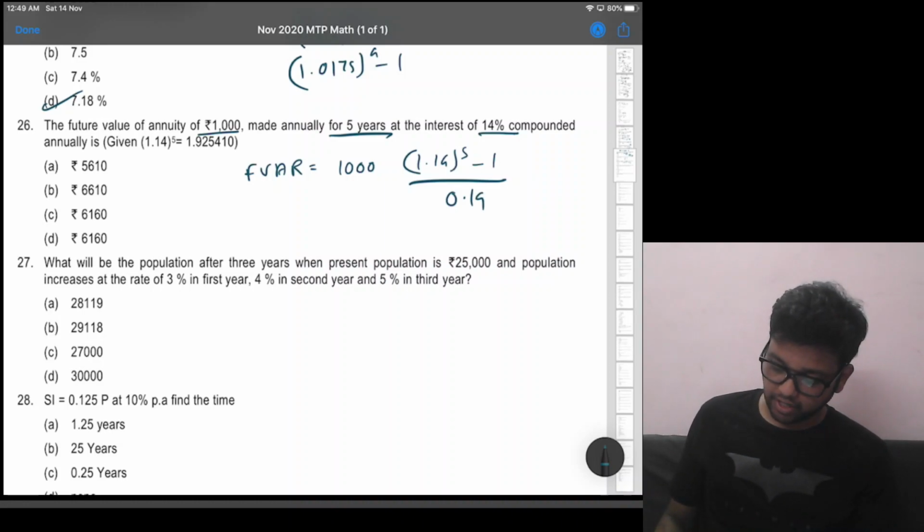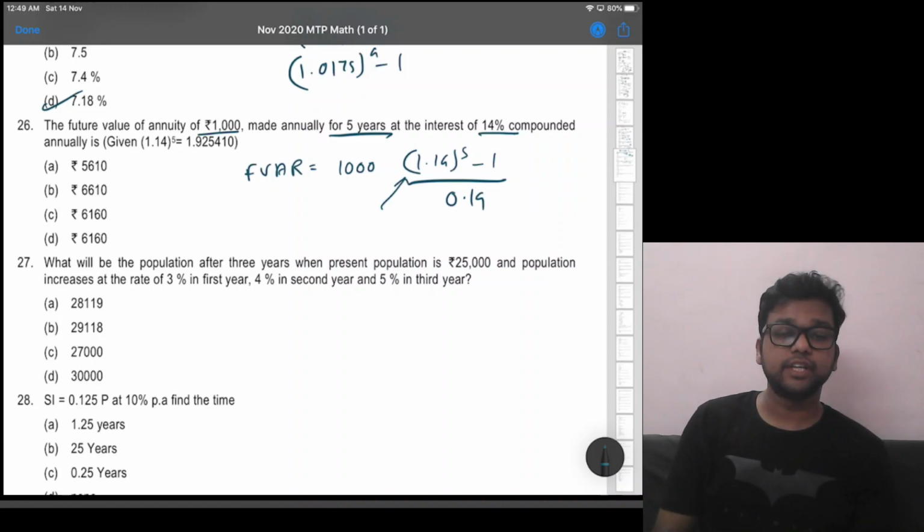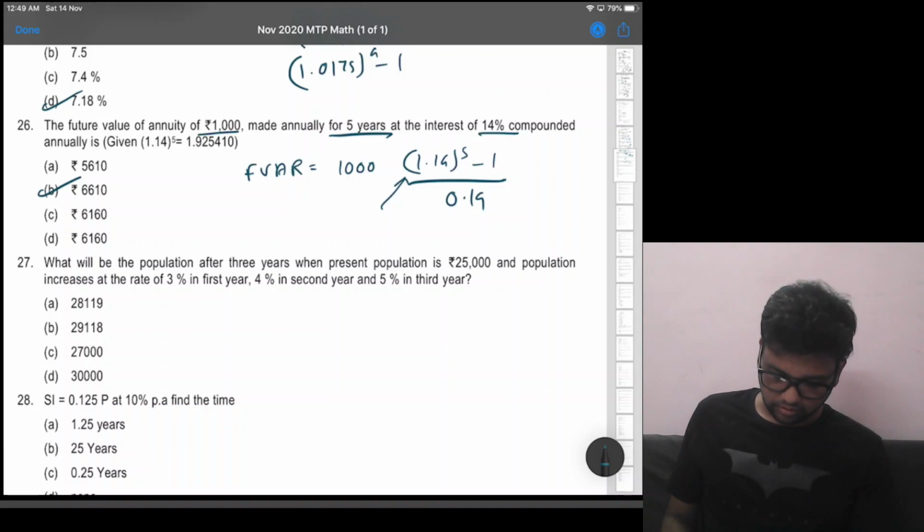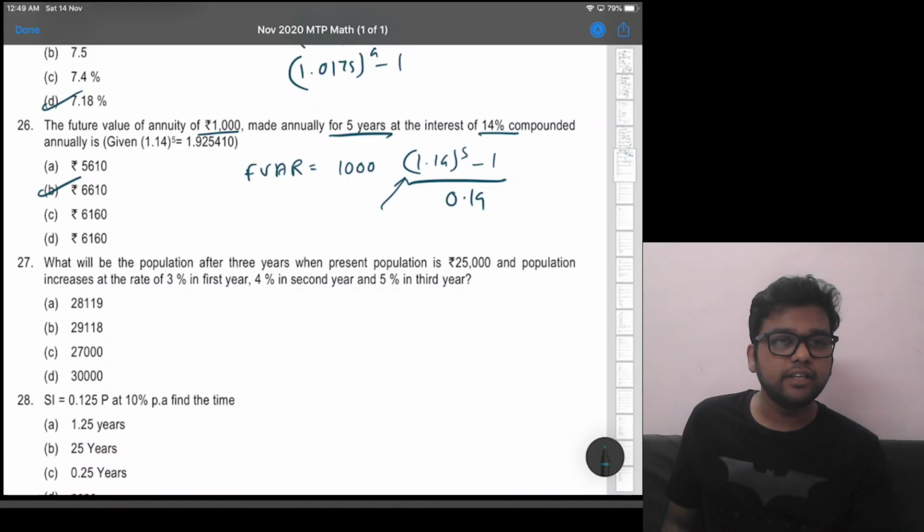So start with this part. 1.14 raised to 5. 1.14 into and 4 times equal to, raised to 5, right? Minus 1 divided by 0.14 into 1000. That gives us 6610.10. Option B. 6610. Okay. Don't get confused between B, C and D. They look similar but they are different.